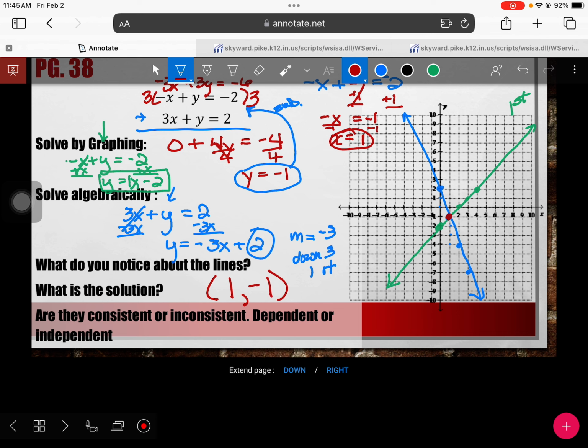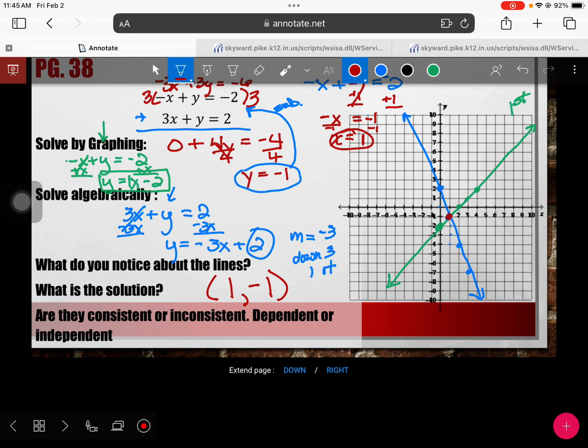So when you end up getting x equals a value and y equals a value, that means those two equations are going to intersect at one spot. So they can intersect in one spot, they can intersect in infinitely many places if they are one on top of the other, or they are parallel lines.